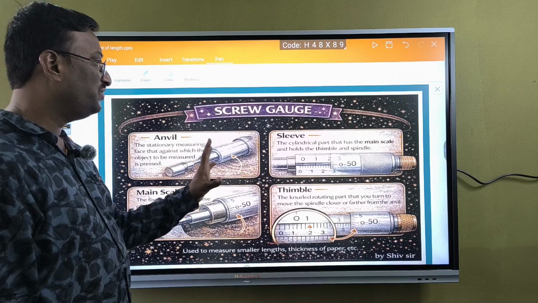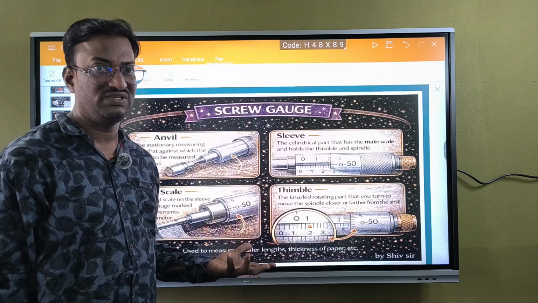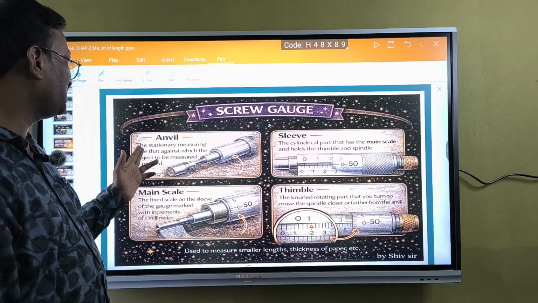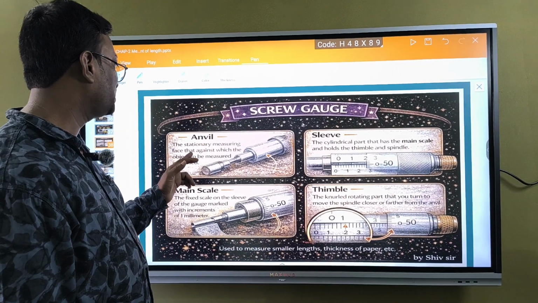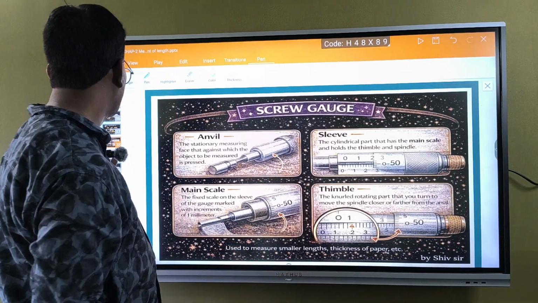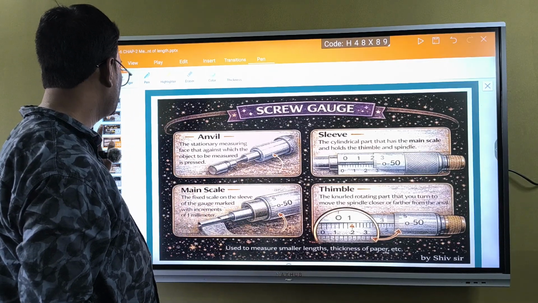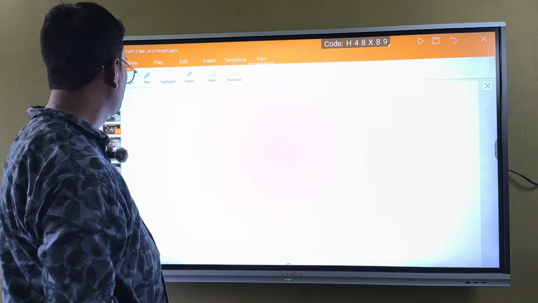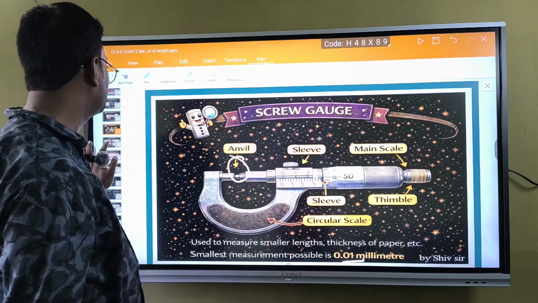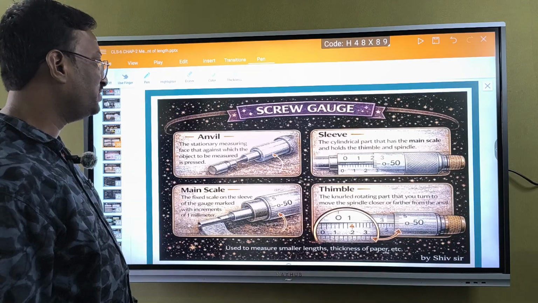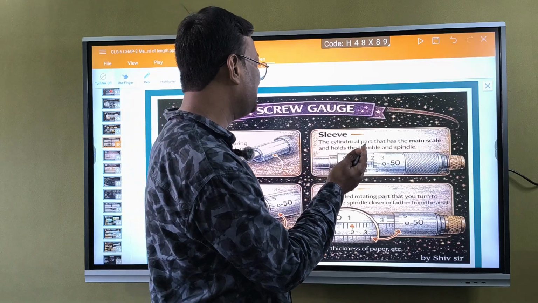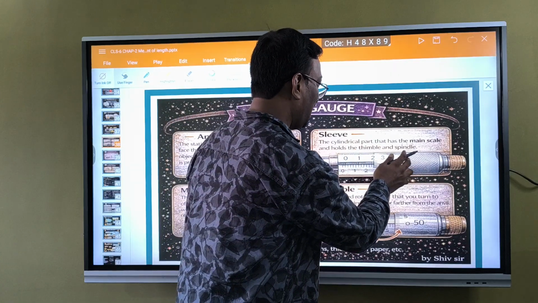And we shall try to know the parts of this screw gauge. Anvil: the stationary measuring face against which the object to be measured is pressed. See here in this picture, this one we call the anvil. Next is the sleeve, the cylindrical part that has the main scale and holds the thimble and spring.